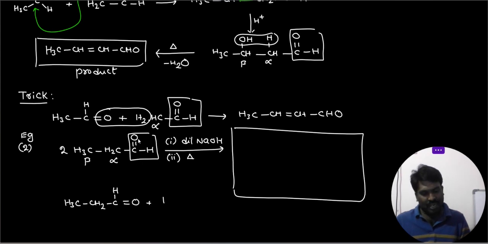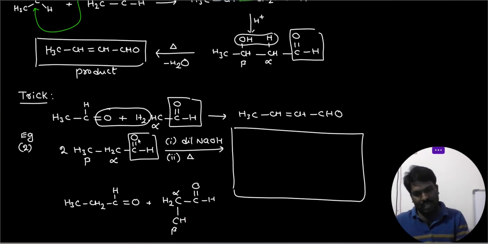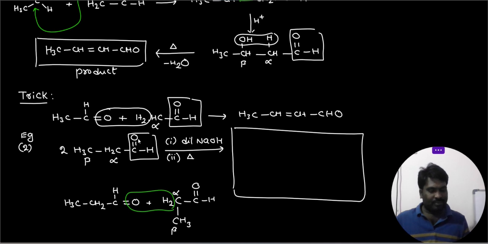From the second propanaldehyde, you have to remove which hydrogens? Alpha hydrogens. So for your convenience, you can write like this: this is alpha, this is beta. From the second propanaldehyde, you can write. Now you can remove water.